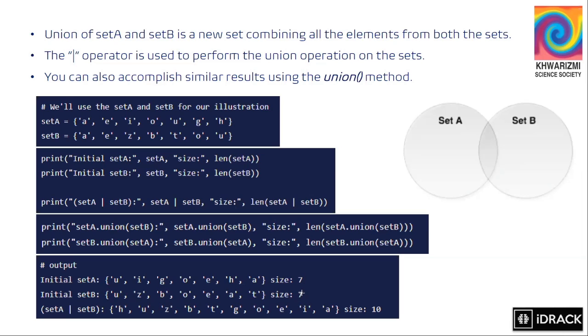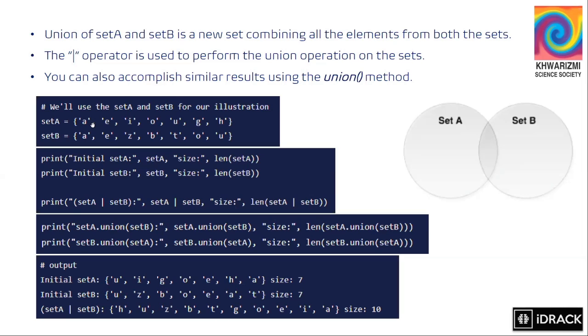Now, if you have 7 candies in one hand and 7 candies in the other hand, and you're combining them, you should get a 14, right? But what union does is that it deletes any of the repeats.